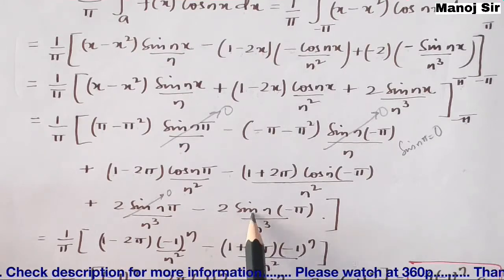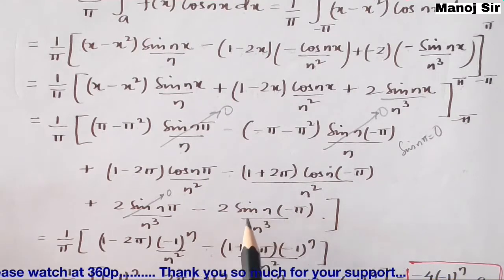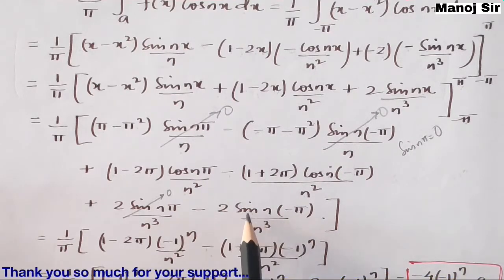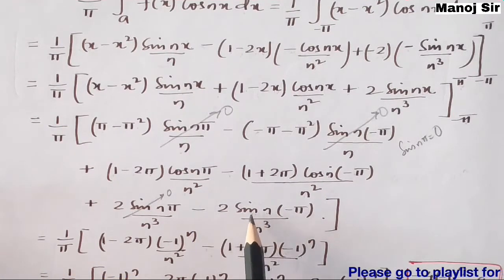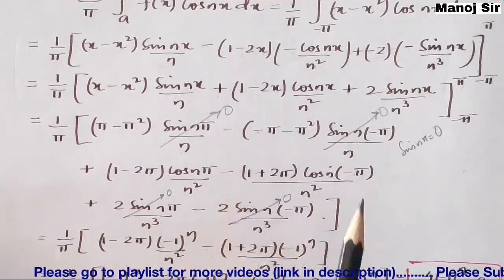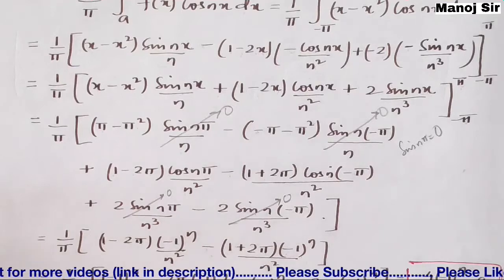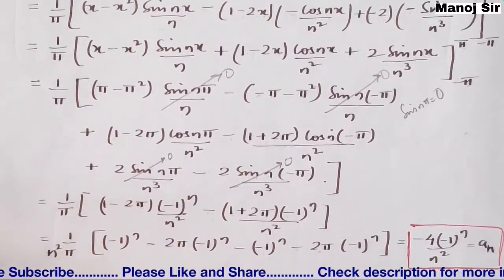This is going to be minus of sine n pi, and this will become positive because sine of minus theta is minus sine theta. So minus of minus will become positive 2 sine n pi, and we know that sine n pi becomes again 0. So we are left with only two terms, this and this. Simply solve these two parts.